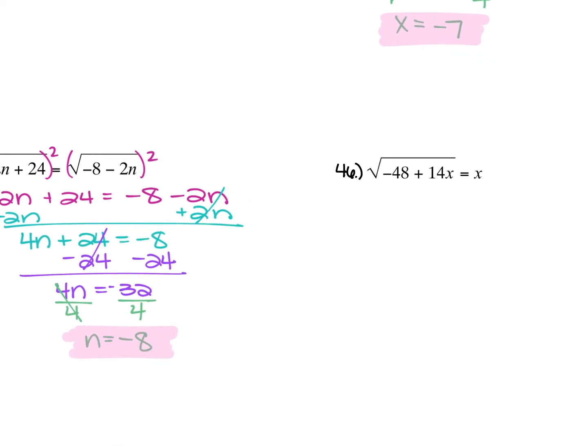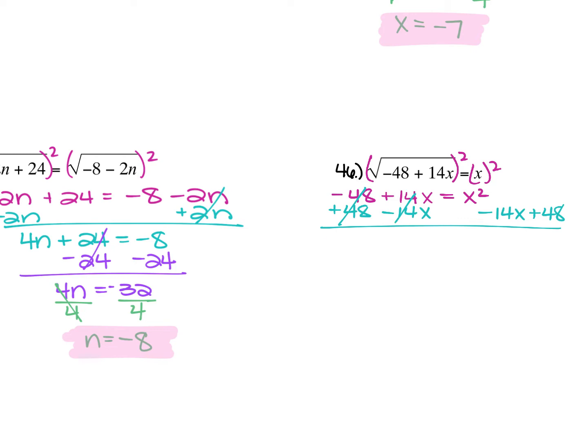For 46, you have the square root of negative 48 plus 14x is equal to x. Square both sides to get rid of that radical. This is negative 48 plus 14x is equal to x squared. We're going to move the 48 over. We're also going to move the 14x over.